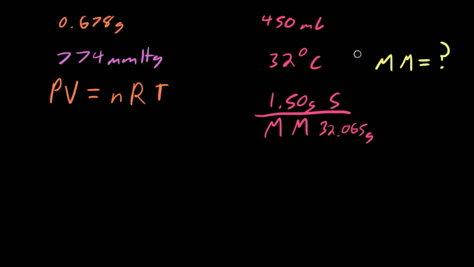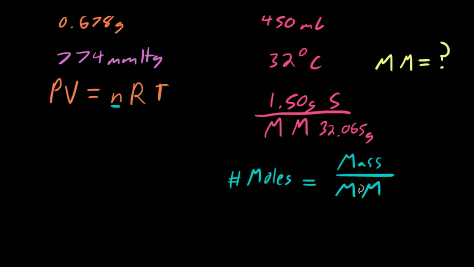So in other words, the number of moles we have, which is the same thing as n in our ideal gas equation, is equal to the mass divided by our molar mass. So let's rewrite that into this equation.